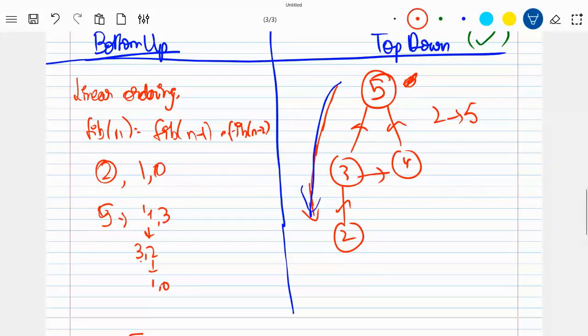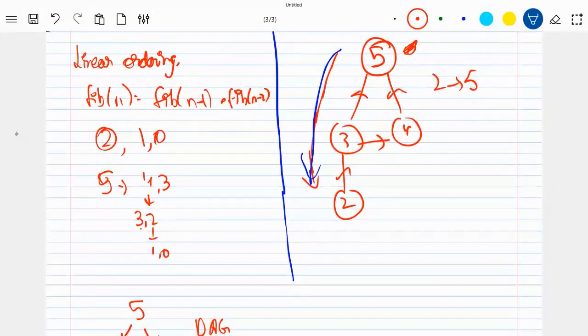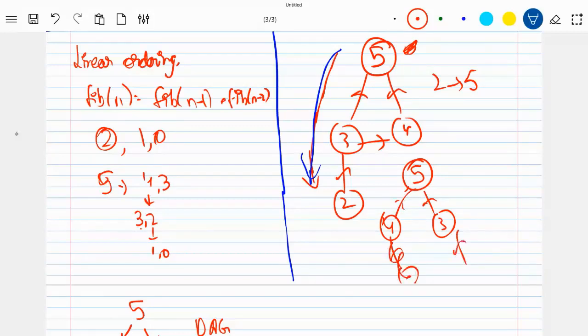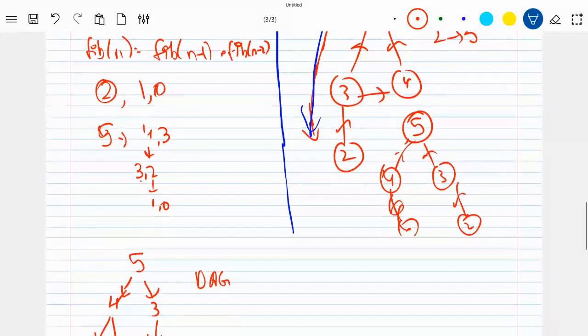And so let's look at how the algorithm is done. We first call the function on 5 asking how many ways, and it'll ask for 4 and 3, and they'll ask for 2, and so on. So in a way, all the dependencies are satisfied and we don't need to toposort.